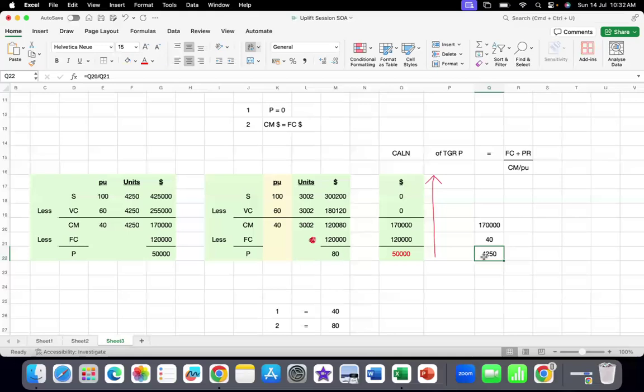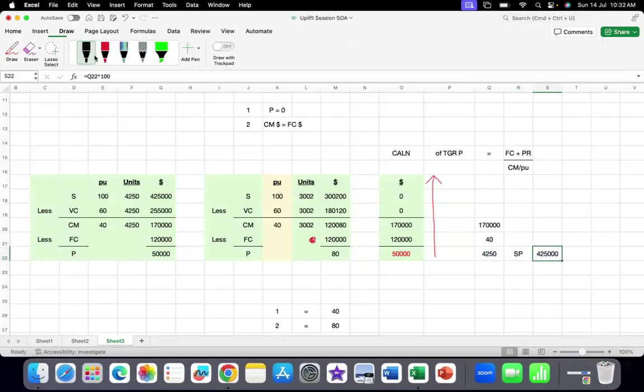Somebody can also ask what is the value of those units. You can always multiply into the sales value. So if these many units you need to sell, what would be the sale value? You can just multiply it by the selling price, which is 100. So this multiplied by 100 is going to give the sale value, which you already have right here.